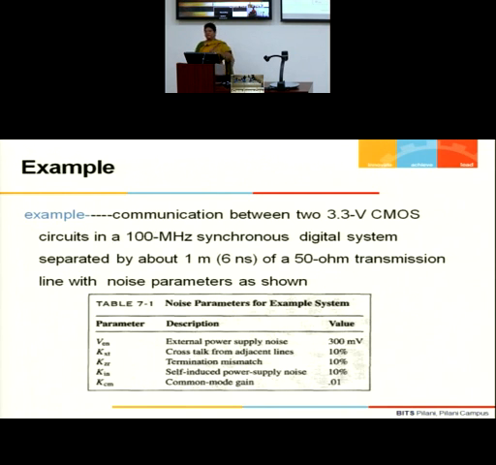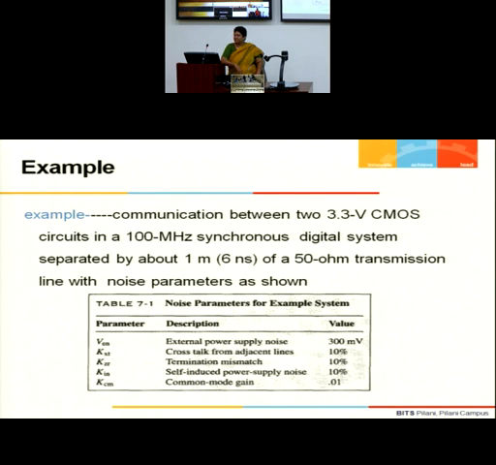So now, suppose I explain the whole thing by taking an example. We have to have a communication between two 3.3 volt VDD CMOS circuits. So one CMOS here, another CMOS here, and the signal travels from the output of this to the input of this. Both are operating at a VDD of 3.3 and both are designed using a CMOS methodology.